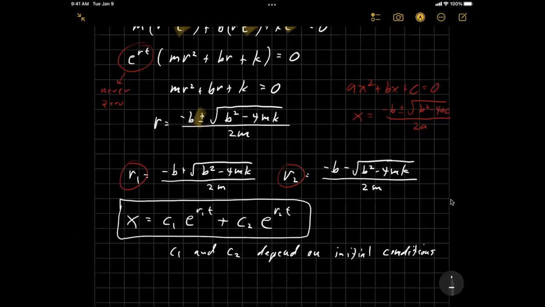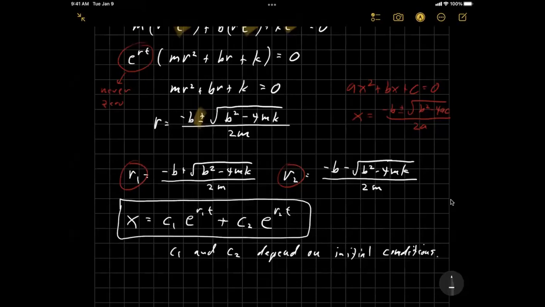If we started at equilibrium with a velocity, something else might happen. And if we had a combination, a third set of things might happen. Similar here, the starting conditions will determine what c1 and c2 are. So we'll need at least two starting conditions in order to determine those. And in one of the later videos today, we'll look at how to figure out what c1 and c2 are from starting conditions.